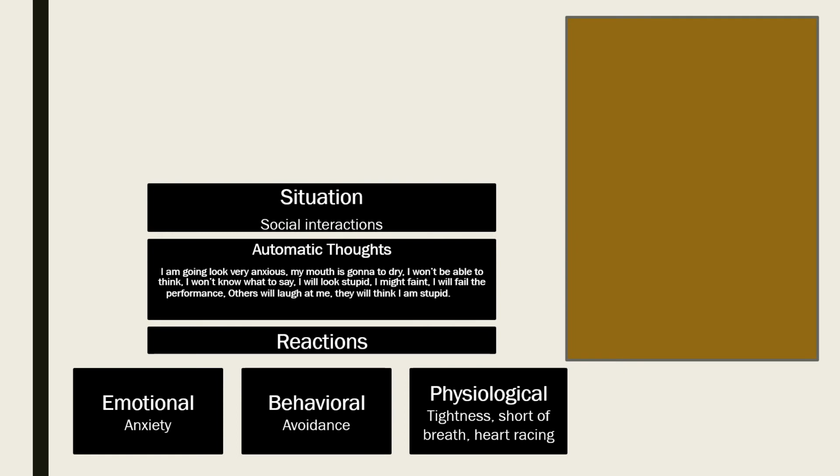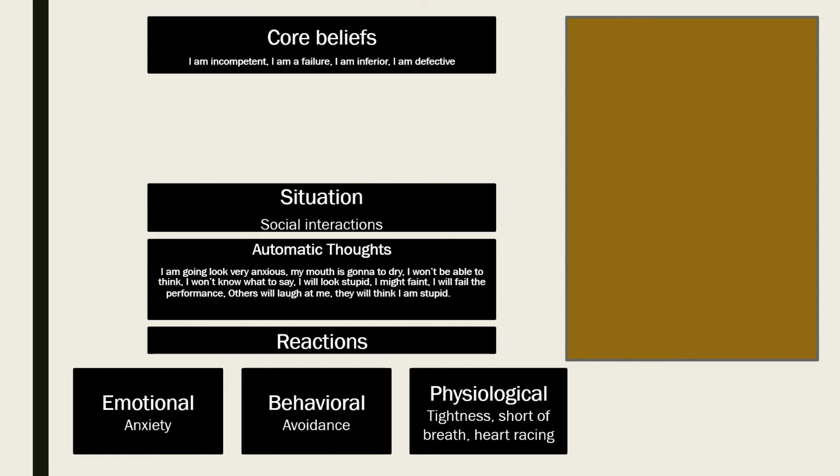And we know that negative automatic thoughts are often tied with a deeper level of beliefs. And people with social anxiety oftentimes have very negative core beliefs about themselves. So oftentimes they think fundamentally they're incompetent, I'm a failure, I'm inferior, I'm defective.